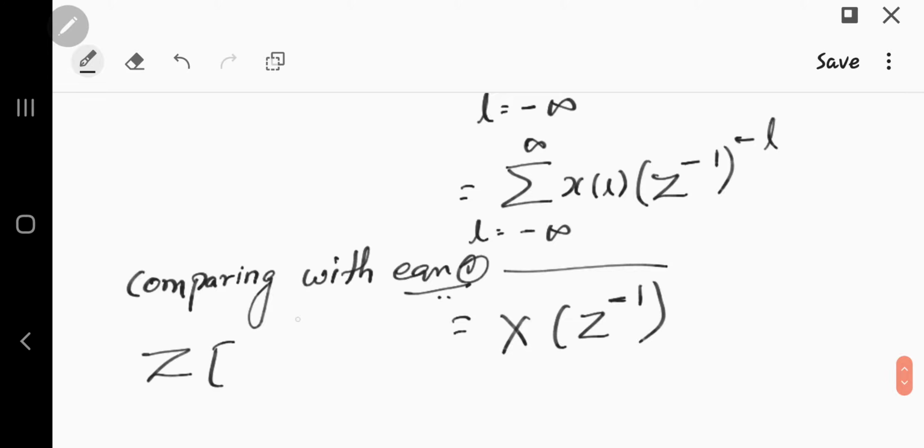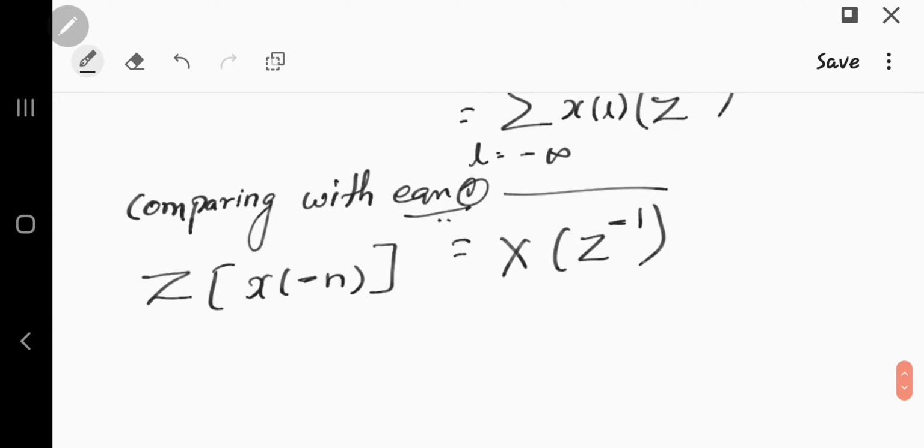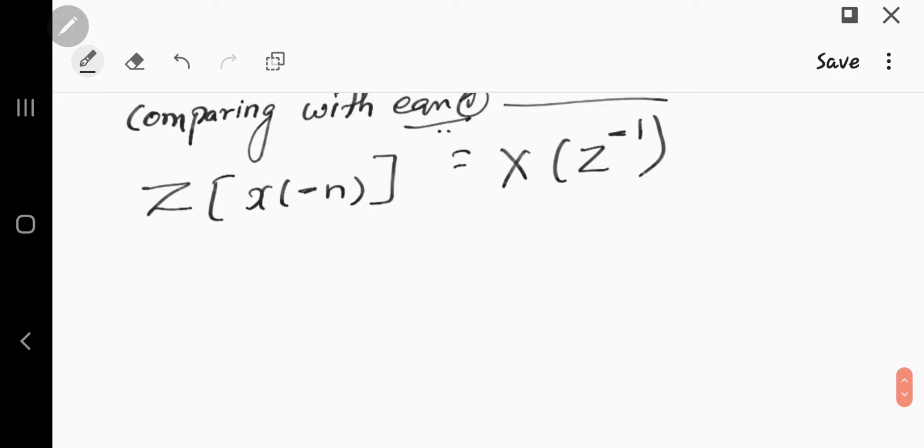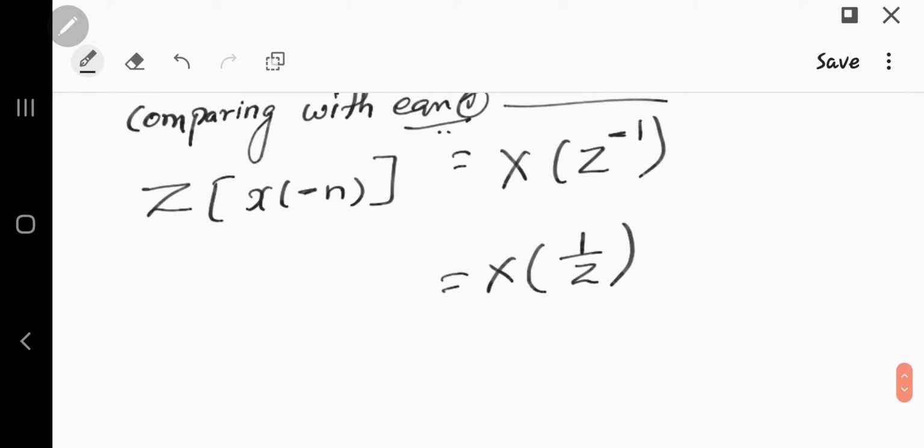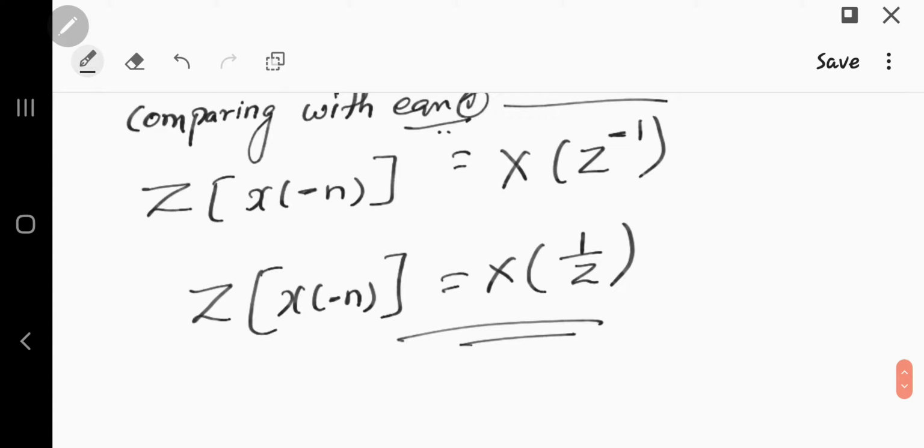So z transform of x of minus n is equal to X of z inverse, or it can be written as X of 1 by z. So this is z transform of x of minus n, the time reversal property.